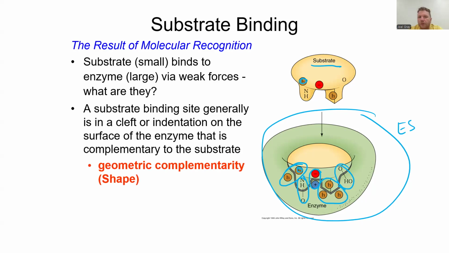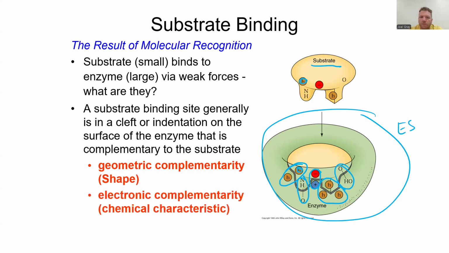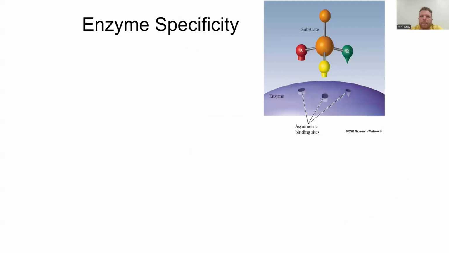Now, that's one factor. Another factor is the shape. A complementary shape between our enzyme and our substrate is going to help this ES complex form. Electronic complementarity is also going to be at play. If we can have positive charges aligned with negative charges, we're going to have some electronic interaction between them. Now, enzyme specificity.